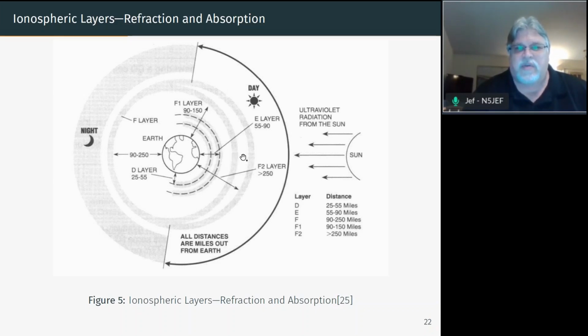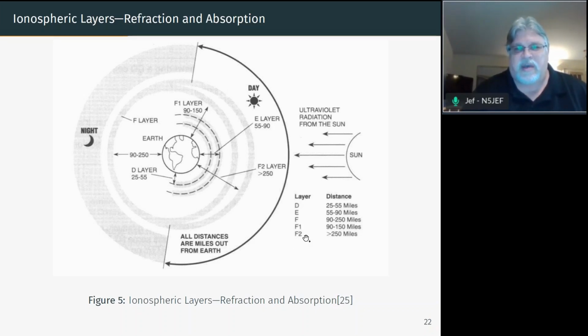And so you have to get through that to have any chance of getting to the F layer and refracting back down. After the sun goes down for the night, then the D layer fades away almost immediately, and 80 meters comes alive. But during the day, 80 meters is not really a good choice except for very local, because of the absorption in the D layer.